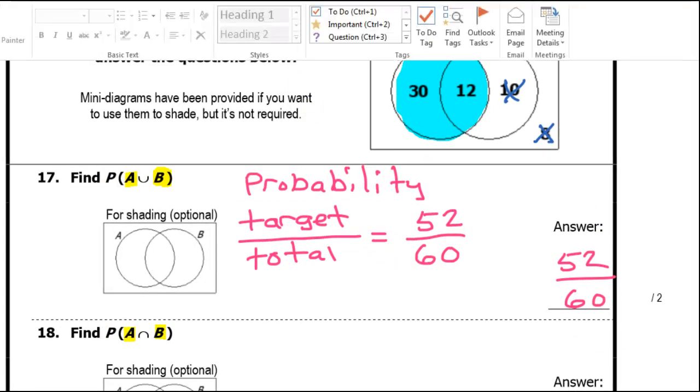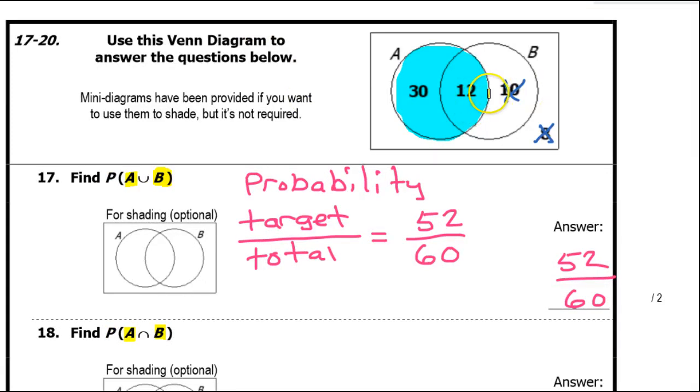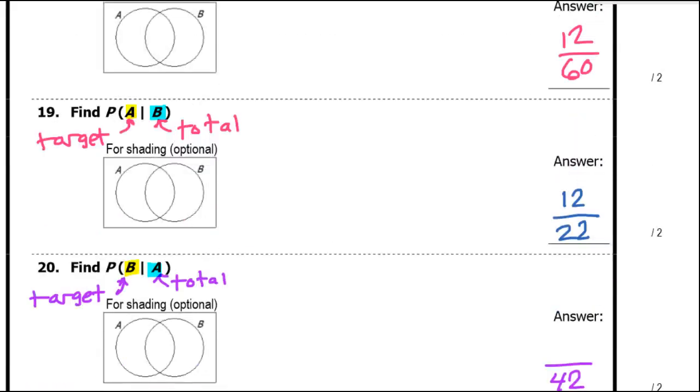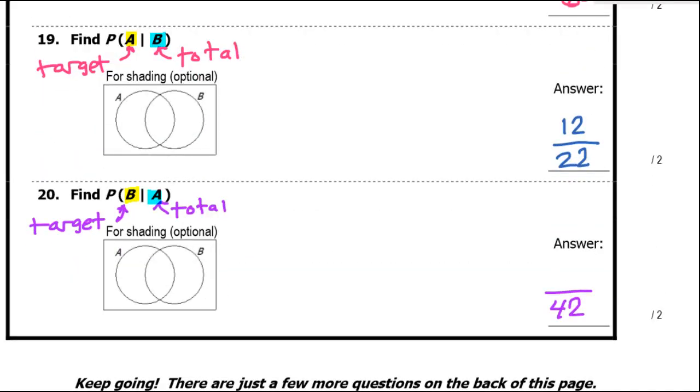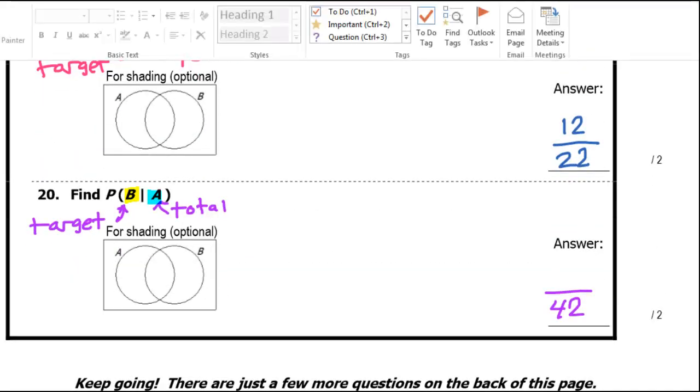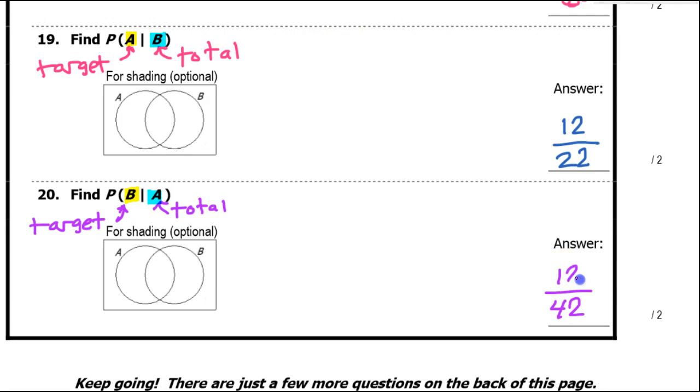Set B used to have two numbers in it, but we crossed out these numbers so we wouldn't be tempted to use them. So the only set B number we have is 12. So guess what? That's the target. So that's why target over total will be 12 over 42. And of course this reduces, but I'll leave that to you.